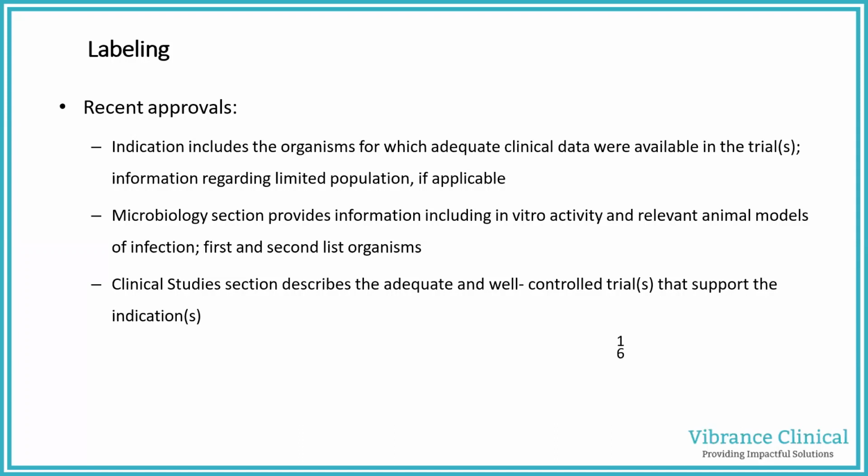And then the clinical studies section describes the adequate and well-controlled trials that support the indication. So when we talk about label, it's not just the package insert, which is very small, but a little bit more detailed, as I said, the SPC, but not full SPC, but at least most of the important aspects of what the product has gone through.